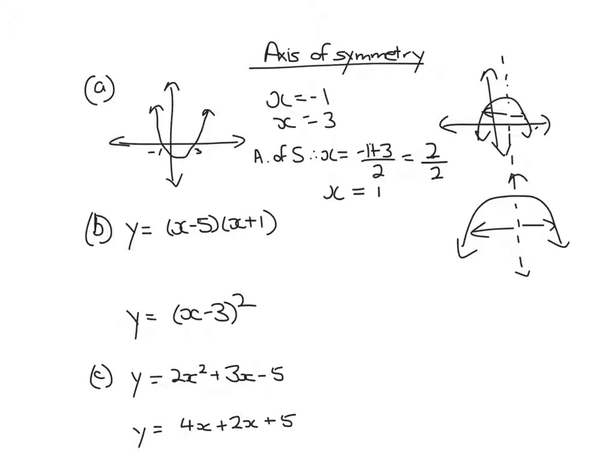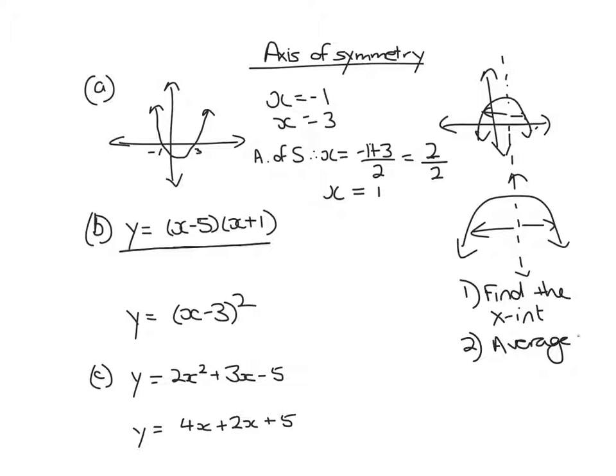Now if we have this one down here, we've got y equals (x take 5)(x plus 1). So the first thing we have to do is 1, find the x-intercepts, and 2, average them. If we average the x-intercepts, we'll get the axis of symmetry.